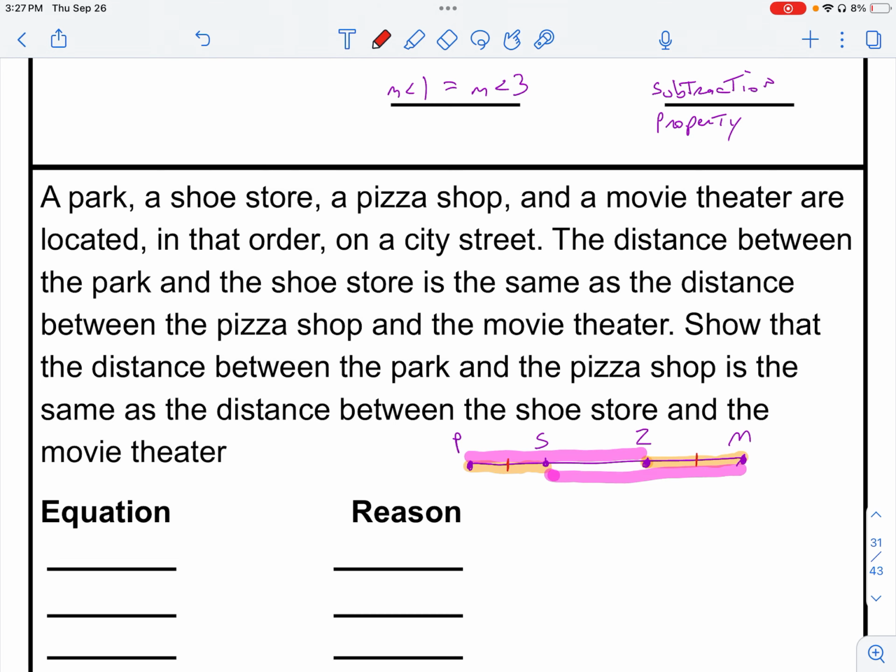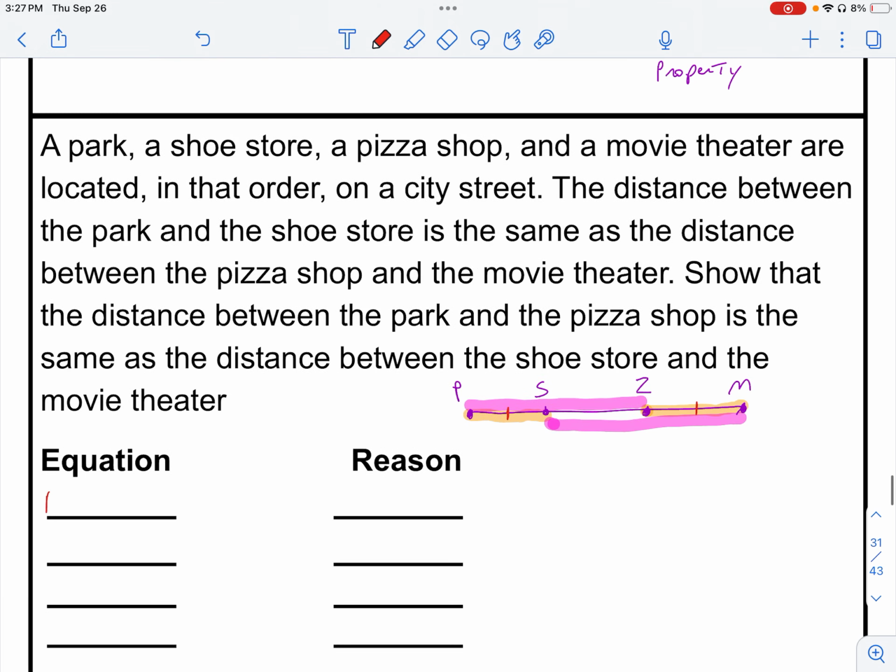Okay, we can do that. So we are given that PS equals ZM, because PS is park and shoe store, and ZM is pizza shop and movie theater, and they're the same. So that's given.